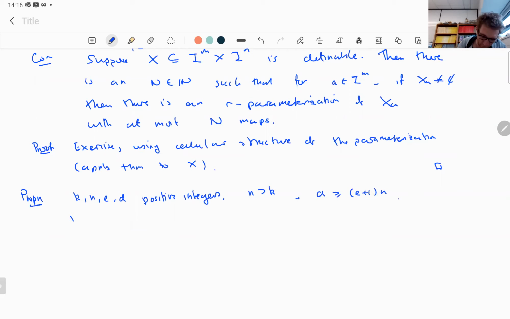And then this tells us that there is a positive integer r and reals c and epsilon with the following property.